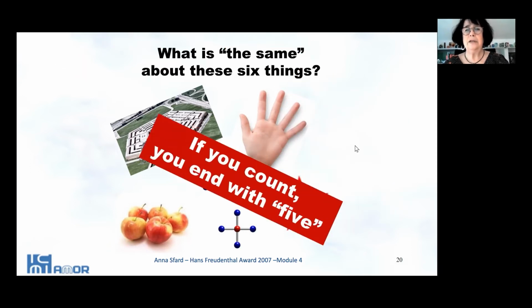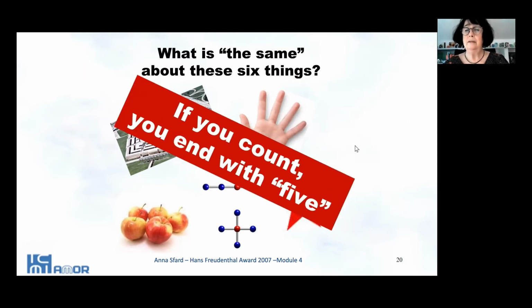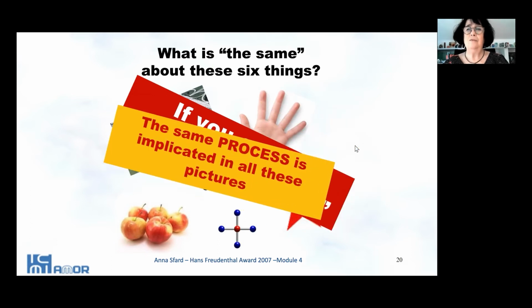If we count their elements, we end in all these cases with the word 5. Thus, what makes them in a sense the same is the 5 words long process of counting, and not any common object, as was the case with Freud's pictures.